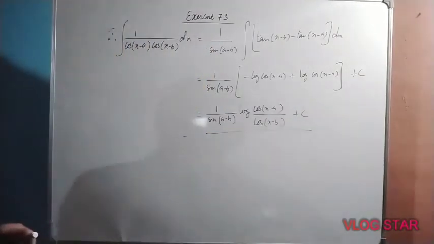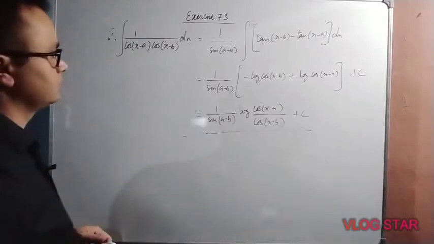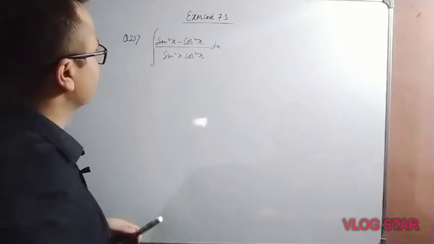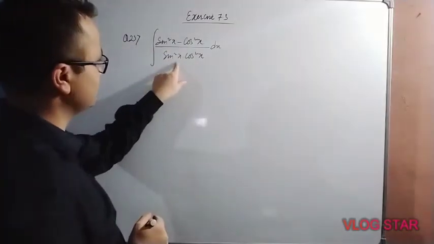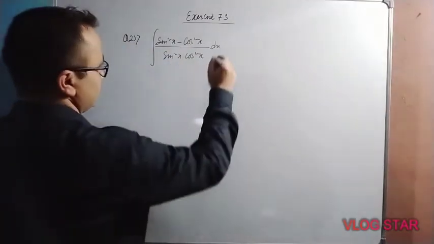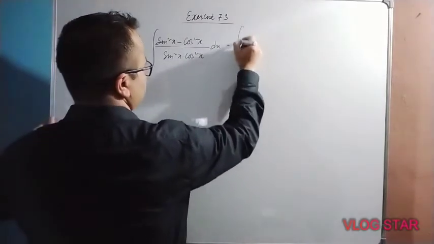Now move to question number 23. Question number 23 is sin square x minus cos square x divided by sin square x into cos square x. It is very simple.